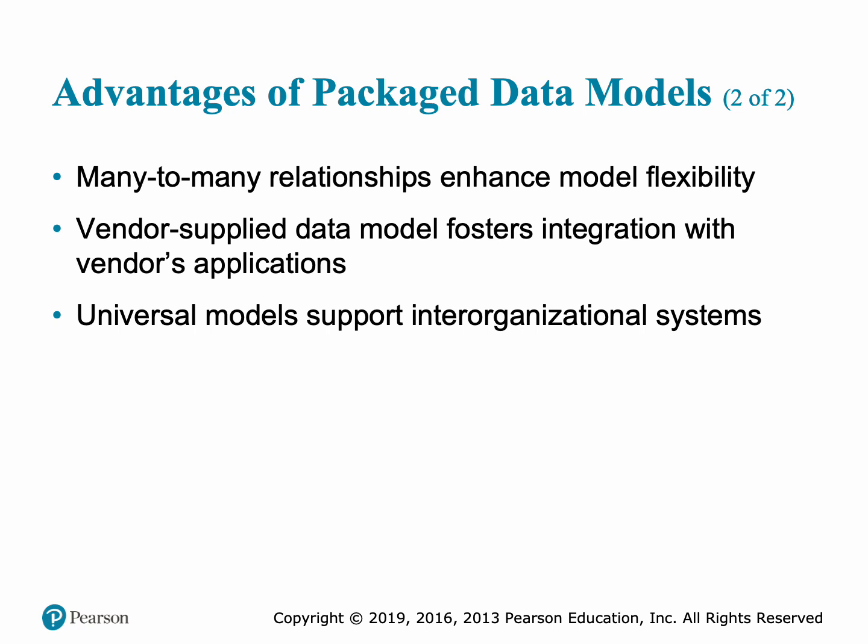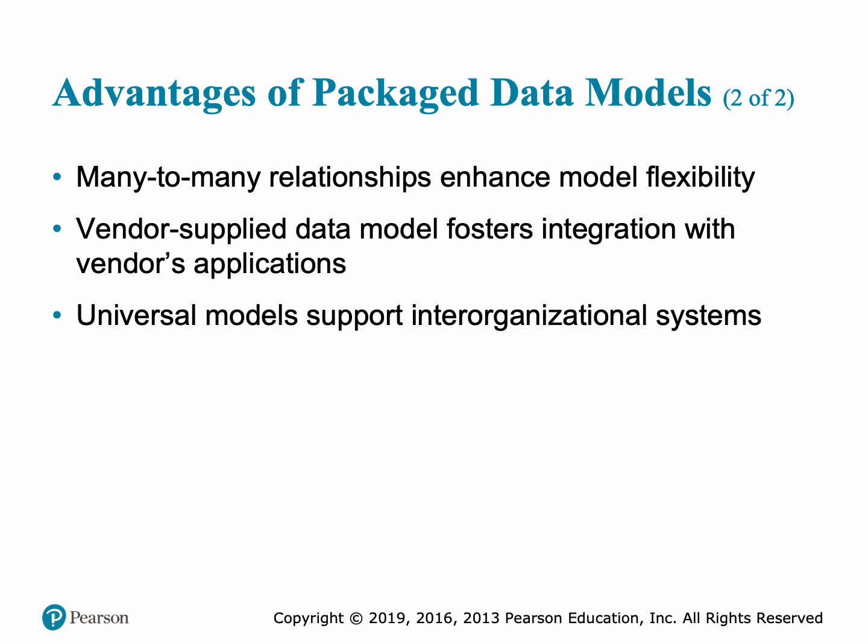Vendor-supplied data models foster integration with vendor applications. The vendor could be SAP, schema.org, Microsoft Dynamics, or Oracle. The vendor could be AWS with Redshift and Cognos. It can be Google, Bigtable, BigQuery, and all that.